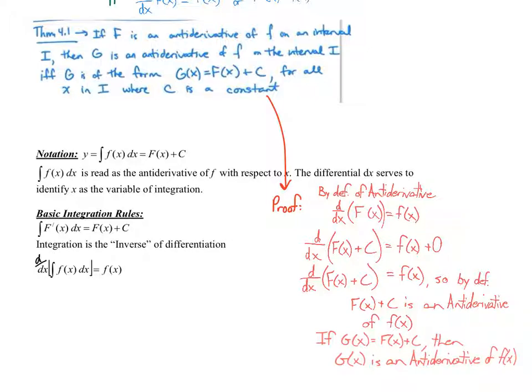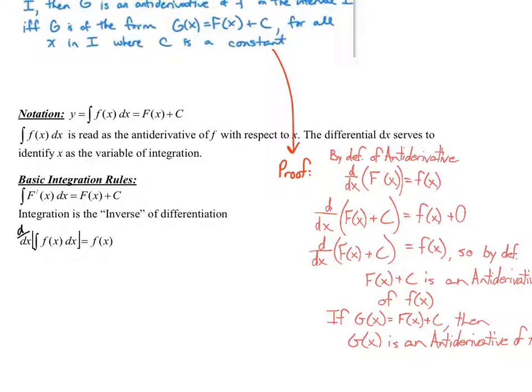Okay? So what this is saying here, guys, is that if I know that something is an antiderivative, then I could add any constant I want to it, and it will also be an antiderivative. Okay? And that is why, whenever we take the antiderivative with this notation right here, we write it with the plus c.